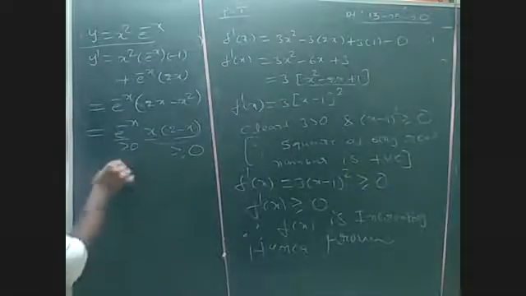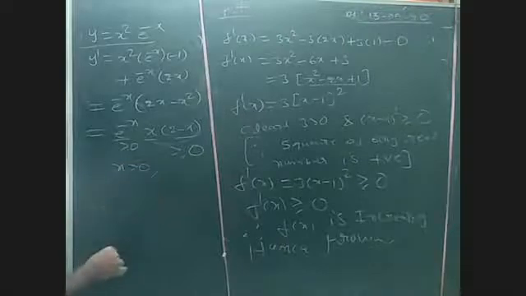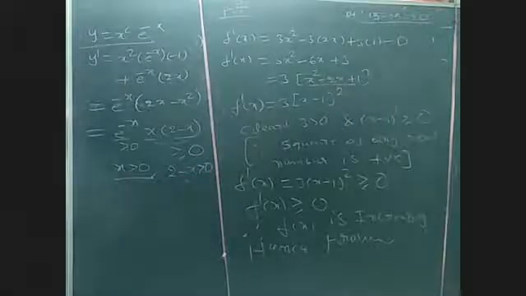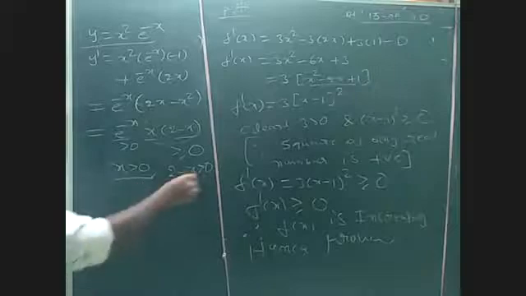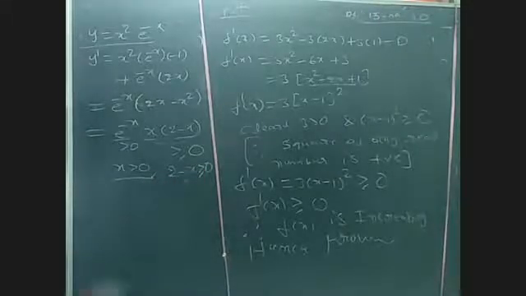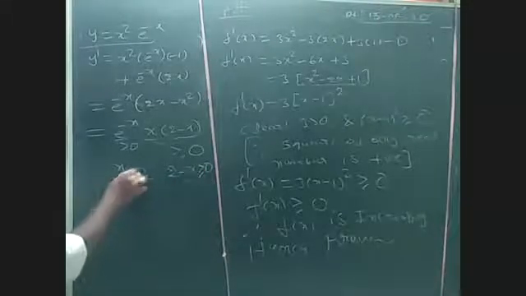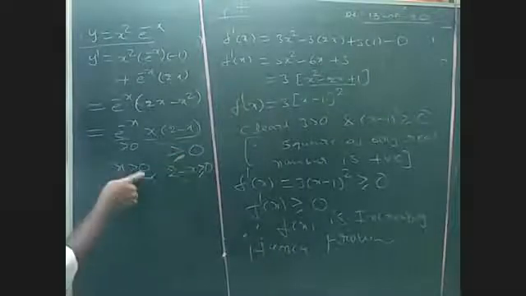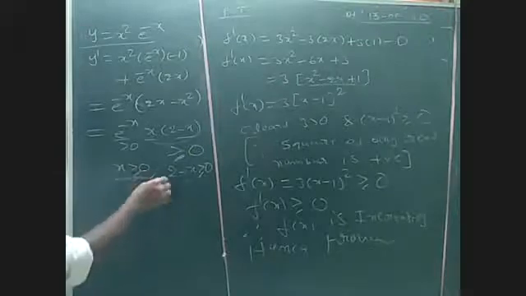Then x also should be greater than 0. x greater than 0. 2 minus x also should be greater than 0. All values should be greater than or equal to 0, then only it will be. So x greater than or equal to 0, and 2 minus x.